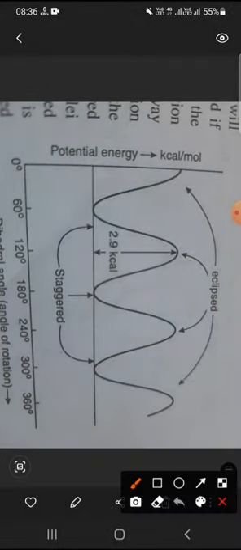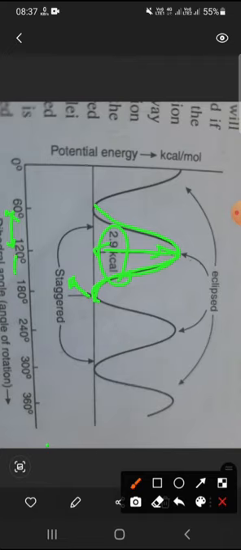So after rotation of 60 degrees, again from here 60 degrees, it becomes 120 degrees, and the eclipsed position is very unstable with higher energy. How much energy? 2.9 kilocalories for eclipsing, and this is close to 0 kilocalories for the staggered conformation.